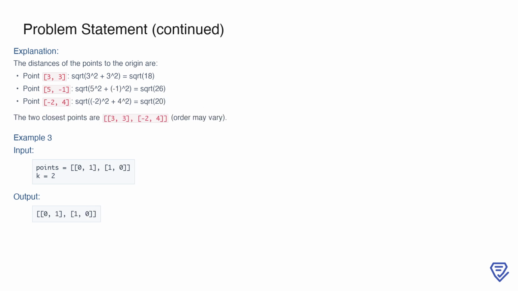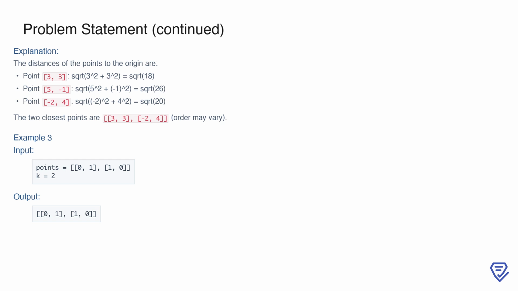In the second example, the input points are (3, 3), (5, -1), (-2, 4), and k is 2. This means we need to find the two closest points to the origin. Calculating the distances, the point (3, 3) has a distance of sqrt(3^2 plus 3^2), which equals sqrt(18). The point (5, -1) has a distance of sqrt(5^2 plus (-1)^2), which equals sqrt(26).